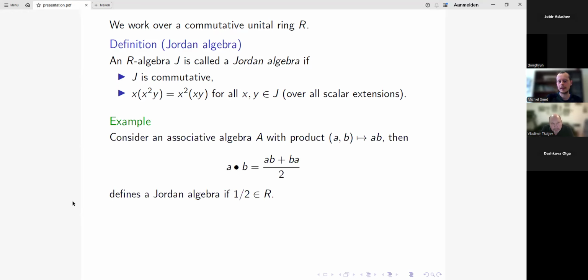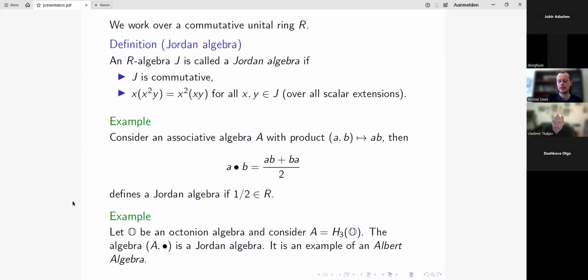The main example is an associative algebra where you just make the product commutative by taking the average of AB and BA. This defines a Jordan algebra if 1/2 is contained in R. The second example, which is also interesting, is if you take an octonion algebra and consider the Hermitian 3 times 3 matrices over the octonions, and endow it with (AB plus BA) divided by 2 as product.